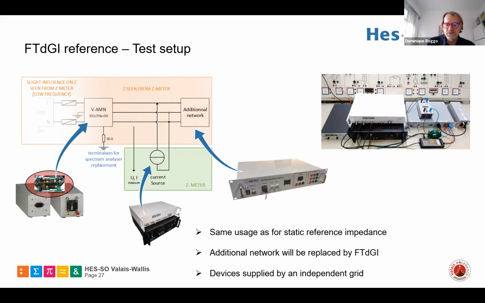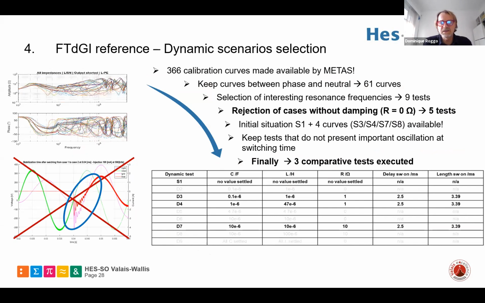We used the same system to make this test. The network is replaced simply by the time-variable impedance, and we had to select all these scenarios. Dynamic testing especially is very challenging, because we have resonance circuits in the device.